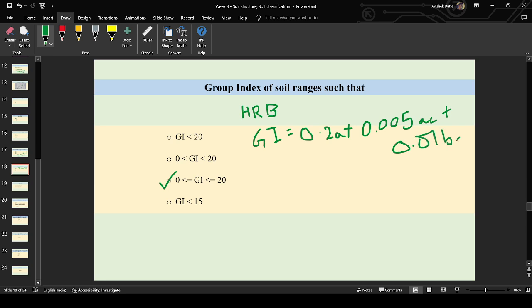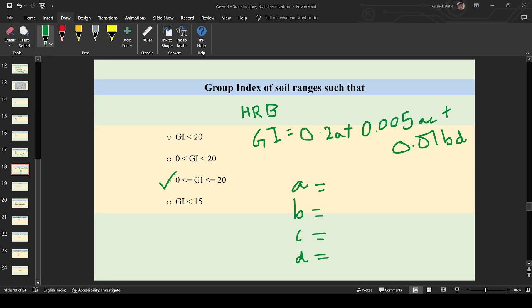What is ABCD? Anyone tell me the definition of ABCD? If you remember, it's all right, otherwise I can tell.